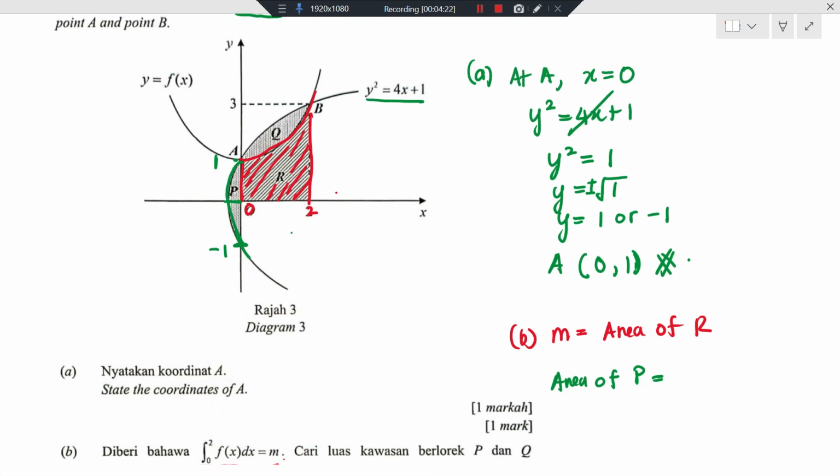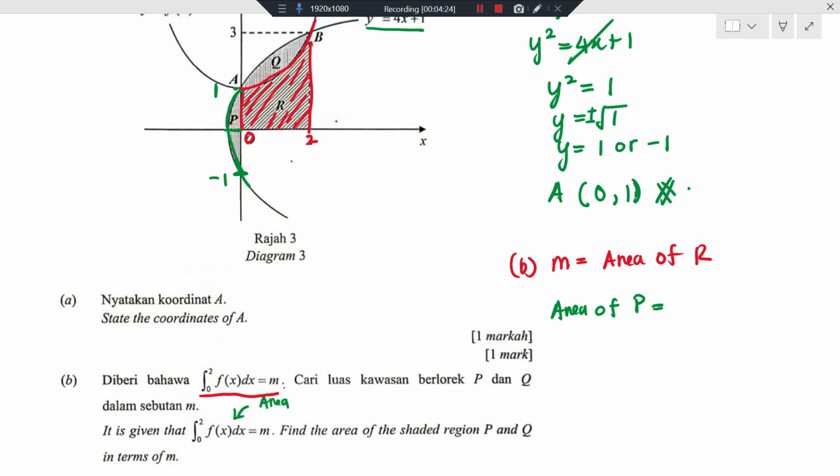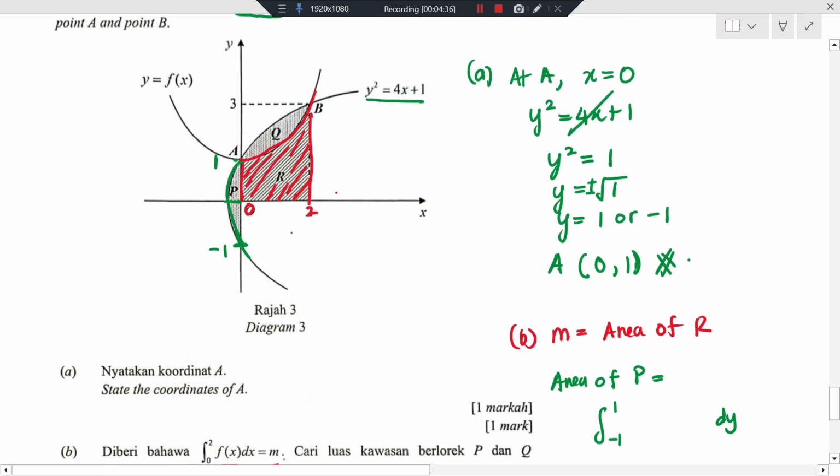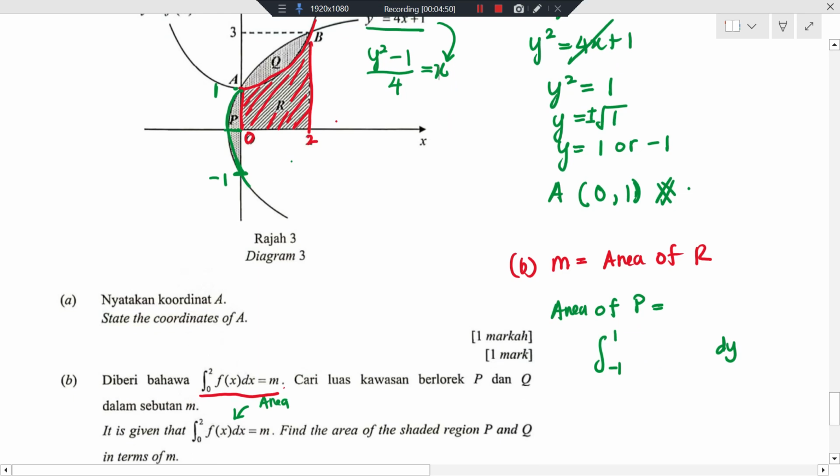So the area of P is the integral from 1 to negative 1, I'm using dy, so I need the equation in terms of x. So (y squared minus 1) divided by 4 is equal to x when you rearrange this equation, making x the subject. Maybe the 1 over 4 I put outside.